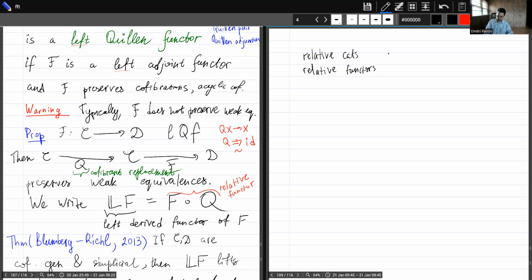These are just functors that preserve weak equivalences, and for example, an equivalent model is simplicial categories and simplicial functors. So categories enriched in simplicial sets and enriched functors. Here the equivalence is given by the hammock localization. Another useful model is quasi-categories.